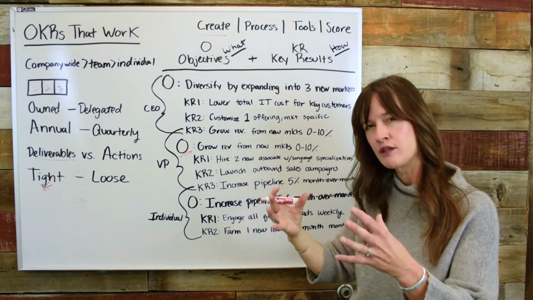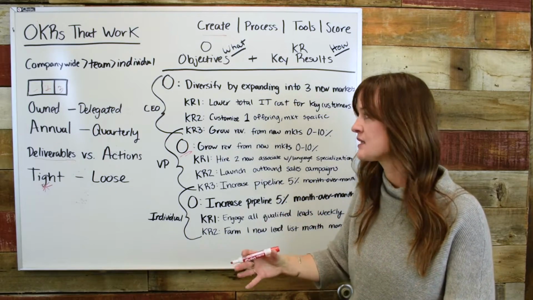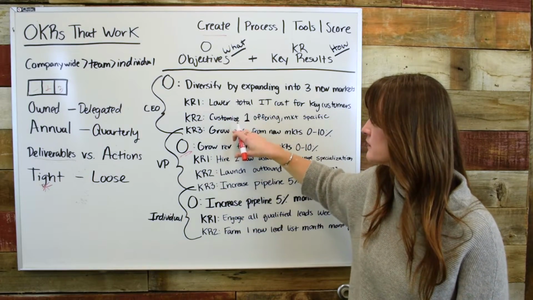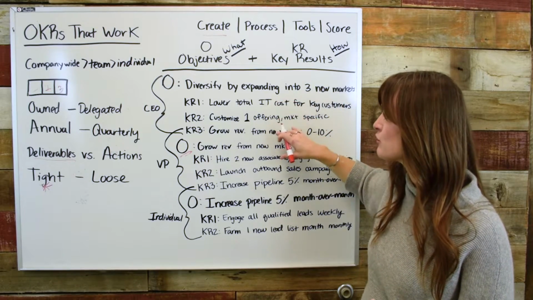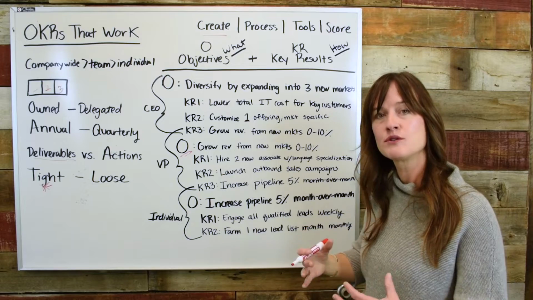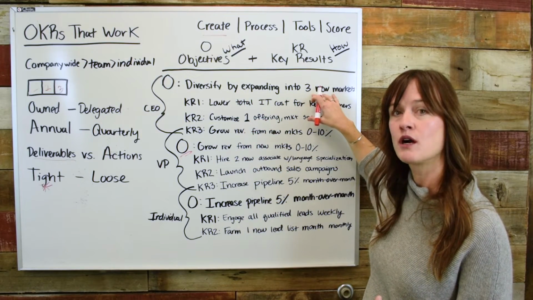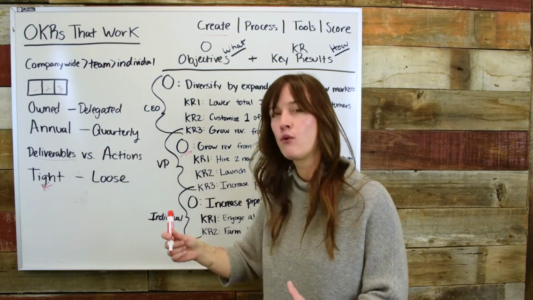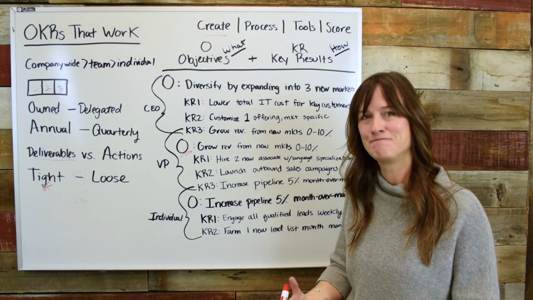So that's a really good way to think about it when you're creating your OKRs, when you're creating the cascade: what do I need to deliver in order to ensure the outcome of the objective? What are the 3 or 4 or 5 key results, key deliverables that I need to drive in order to expand into 3 new markets? That's a really important way to make sure you have a really good OKR cascade.